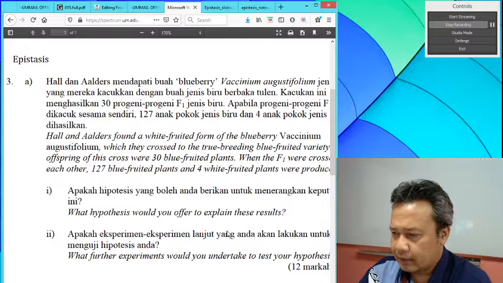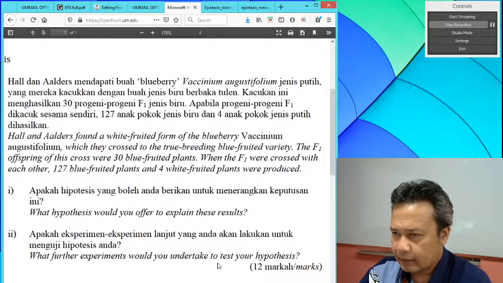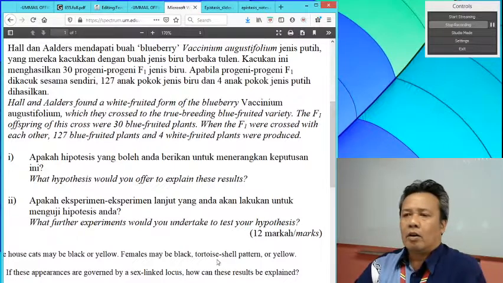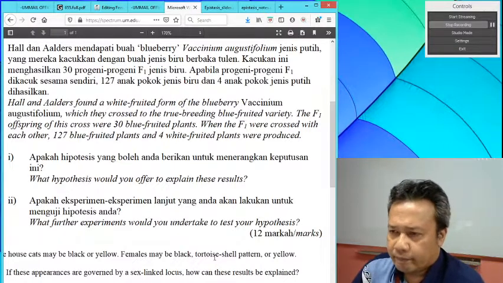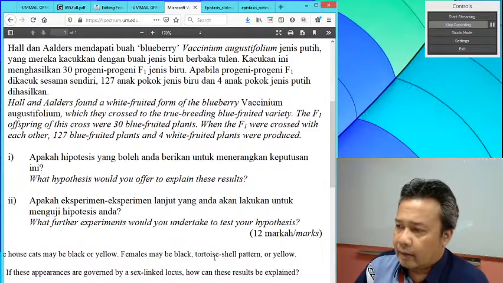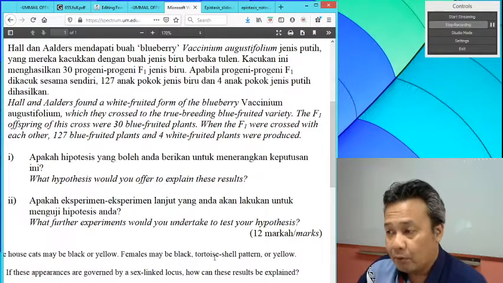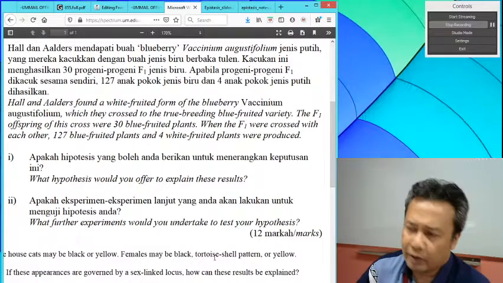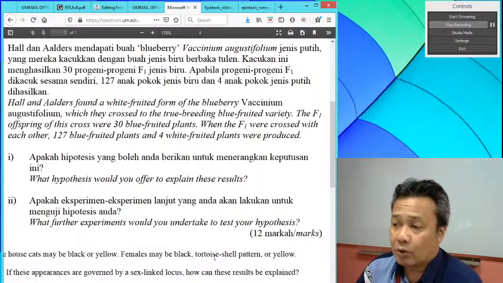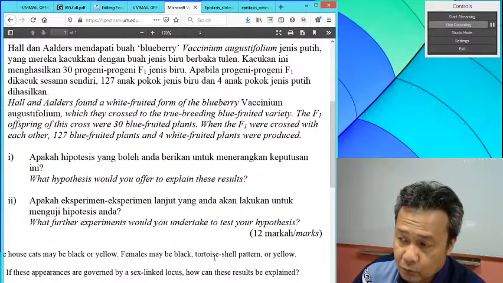This is on epistasis. I'll just adjust it a bit. Okay, here you go. Hall and Aldous found a white fruited form of blueberry, Vaccinium angustifolium, which they crossed to a true breeding blue fruited variety.